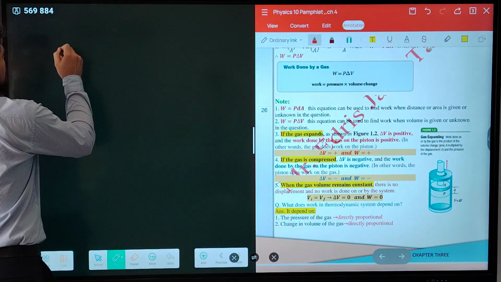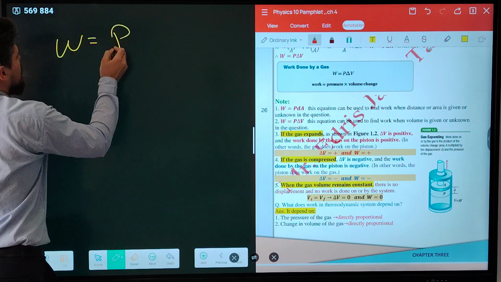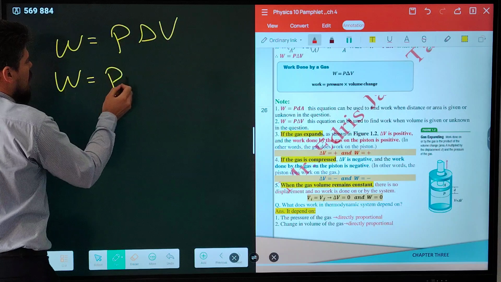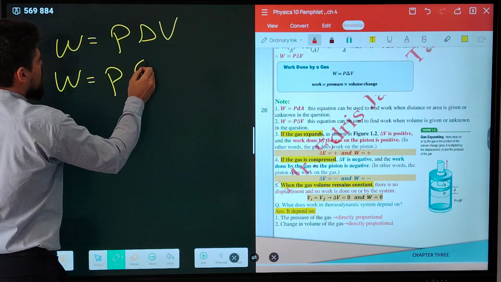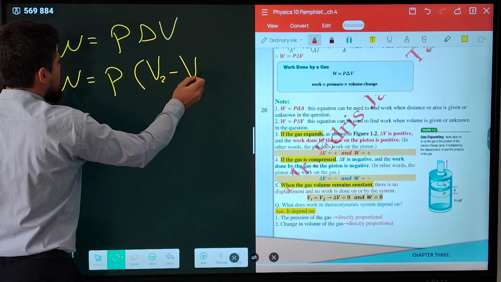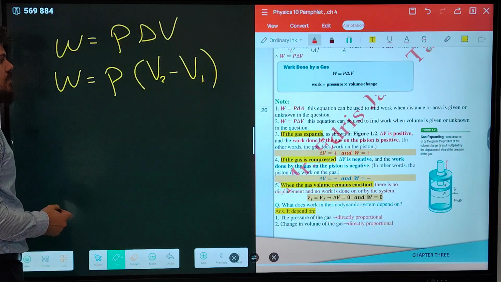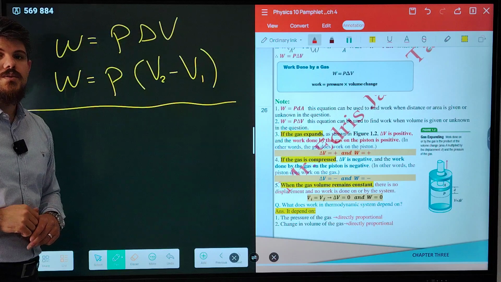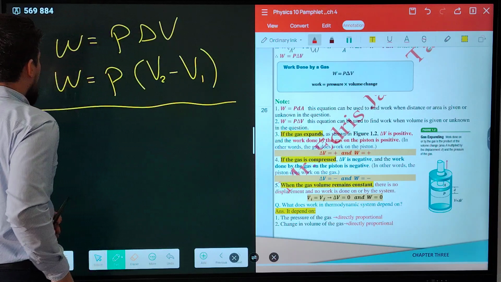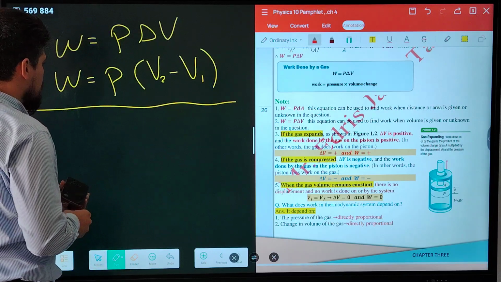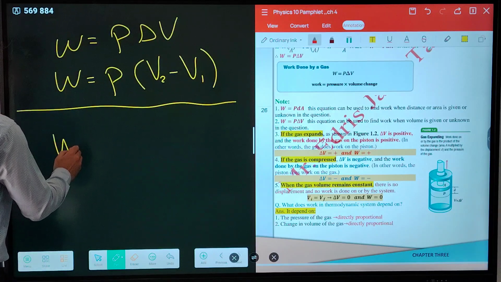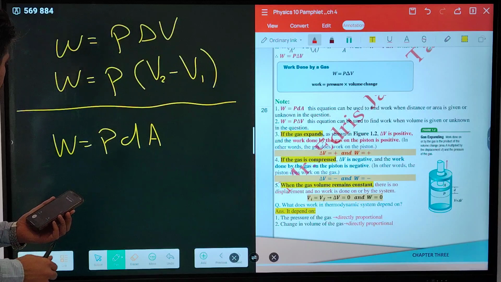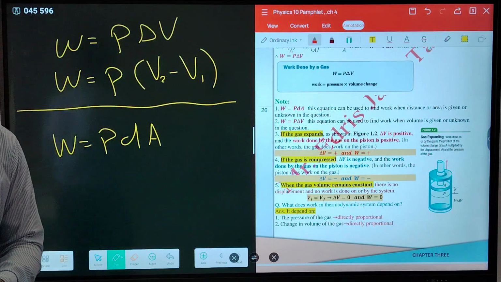So we have two equations. Work is equal to P delta V. If the change in volume is not given, you have to open it up: it is V2 minus V1, V final minus V initial. This equation can be used when volume is given in the question. Another equation: work is equal to P times A times D. This equation can be used when area or distance is given in the question.